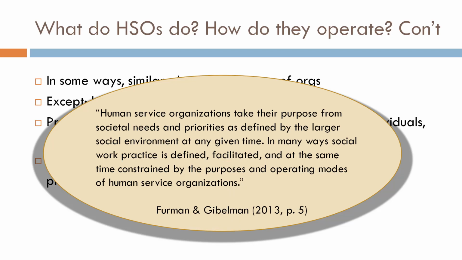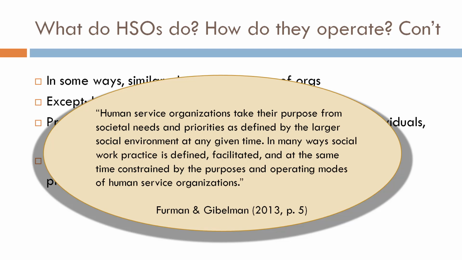So human service organizations take their purpose from the societal needs and priorities as defined by the larger social environment at any given time. In many ways, social work practice is defined, facilitated, and at the same time constrained by the purposes and operating modes of human service organizations.